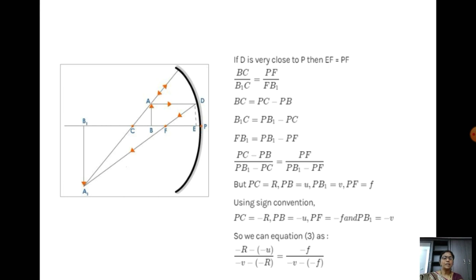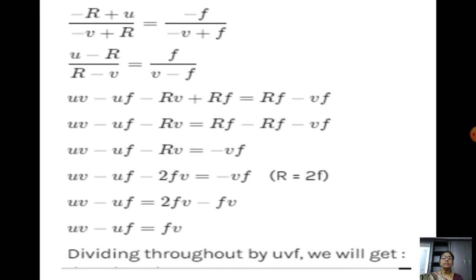So we get minus R plus U. In the denominator, minus V plus R. That is equal to minus F by minus V plus F. This is the equation we are getting. Hereafter it is a mere simplification: minus R plus U by minus V plus R on the left hand side.